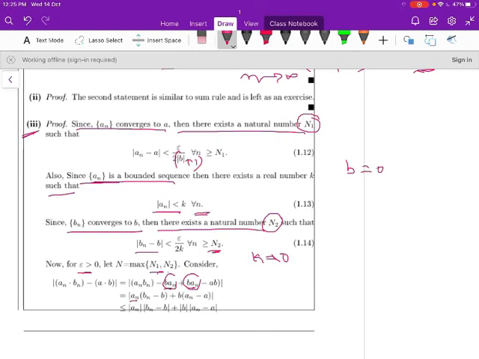Here you take an common from the first two terms, giving bn minus b, and take b common from the last two terms, giving an minus a.